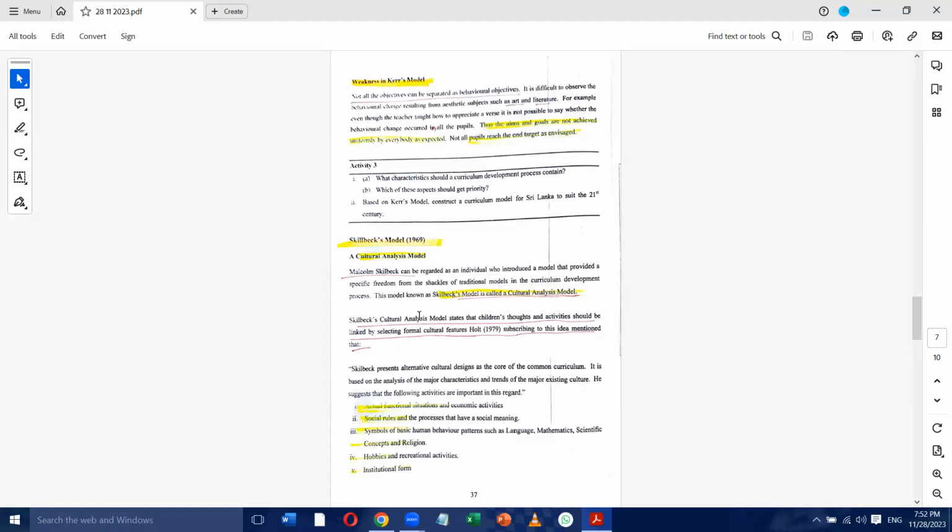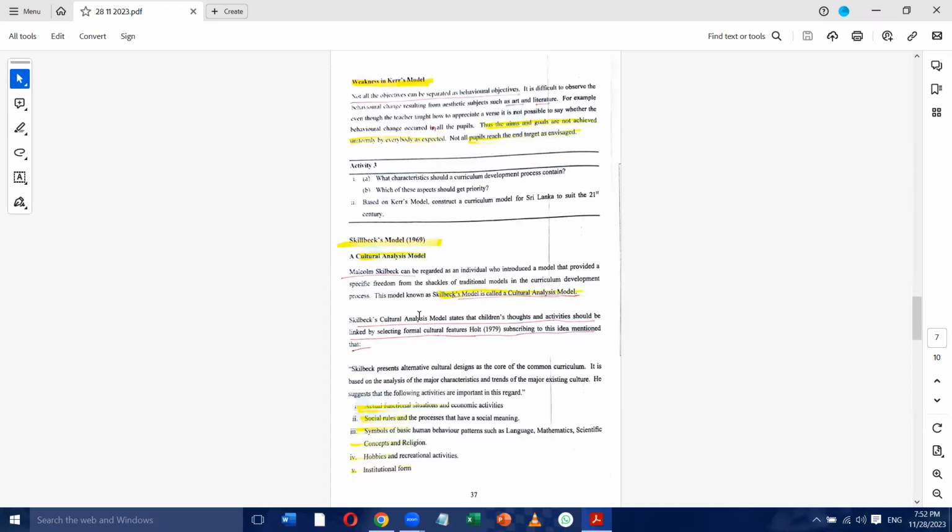It is difficult to observe the behavioral change resulting from aesthetic subjects such as art and literature. For example, even though the teacher taught how to appreciate a verse, it is not possible to say whether the behavioral change occurred in all the pupils. Thus, the aims and goals are not achieved uniformly by everybody as expected. Not all pupils reach the end target as envisaged.